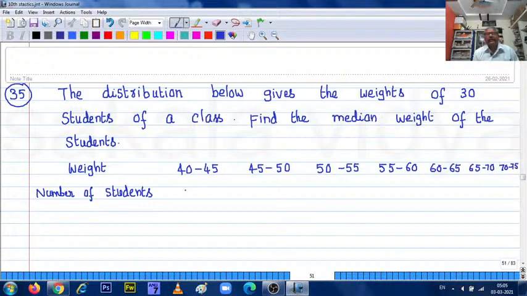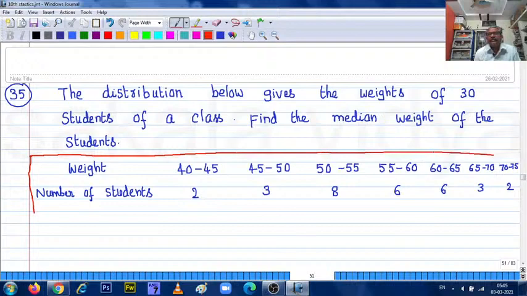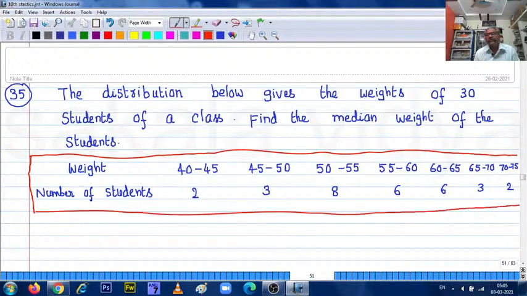The number of students are 2, 3, 8, 6, 6, 3, 2. So this is the table, and in the examination the table will also be given like this.